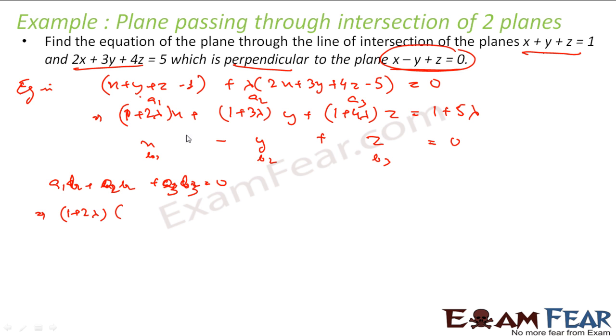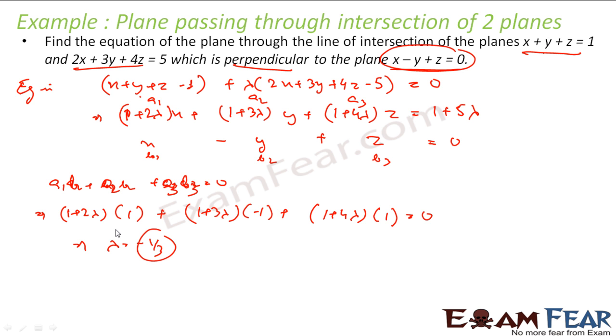So a1 into b1: a1 is 1 plus 2 lambda, times b1 is 1, plus a2 is 1 plus 3 lambda into b2, which is minus 1 here, plus a3 is 1 plus 4 lambda and b3 is 1, has to be equal to 0. You solve this, you get lambda is minus 1 by 3, and that's the answer. You have lambda minus 1 by 3.